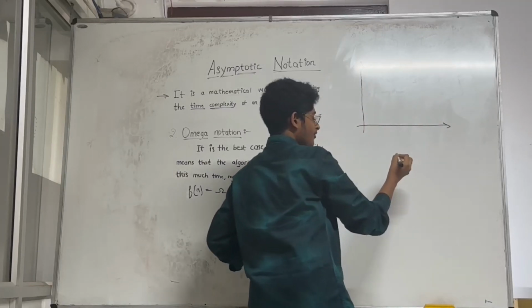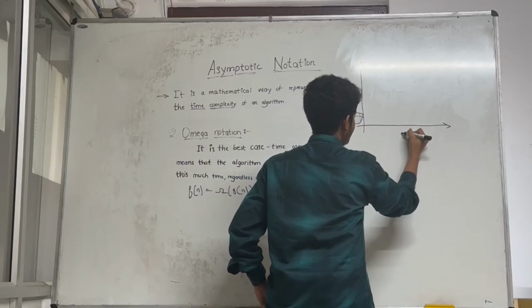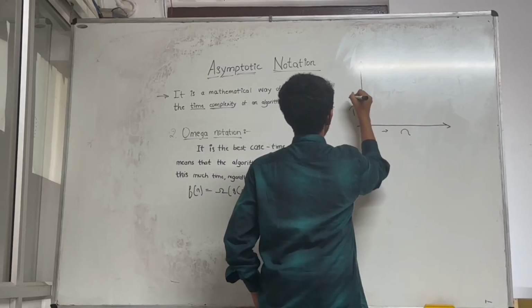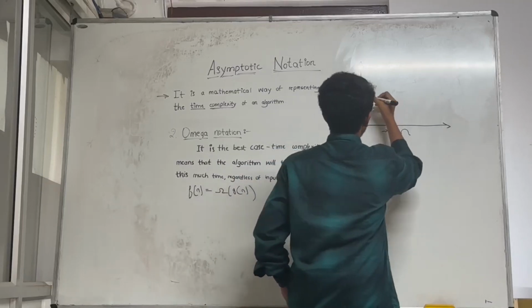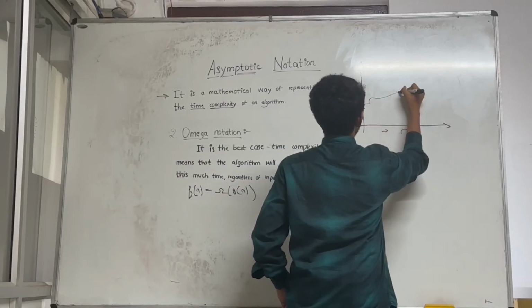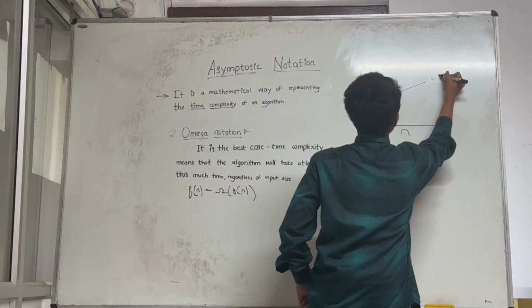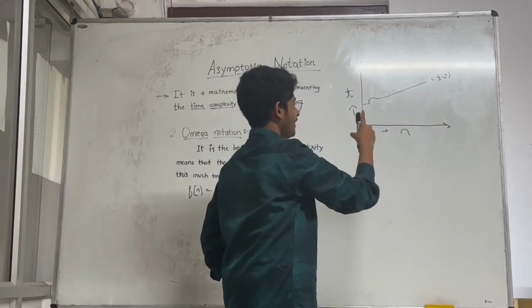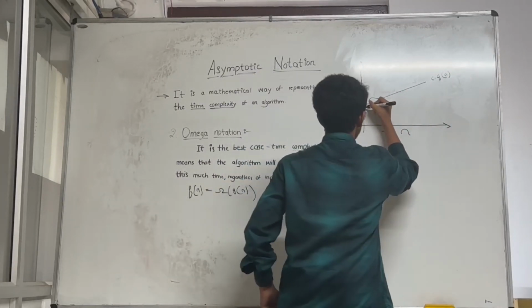Let us consider a graph. In the x-axis we can consider the input variable n, and in the y-axis let us consider the time t. This line represents the equation c into g of n.